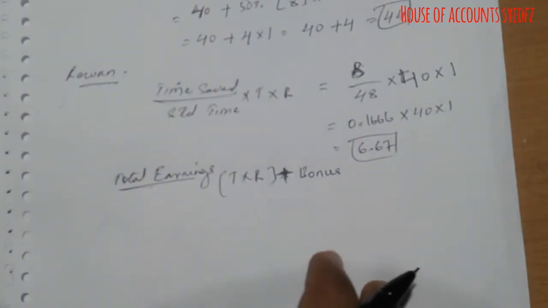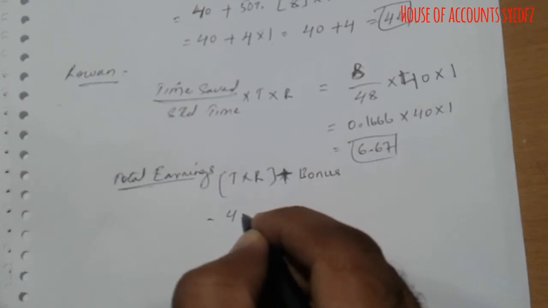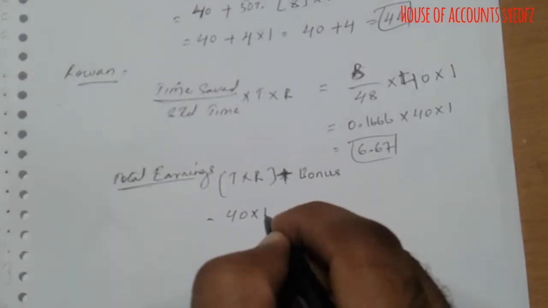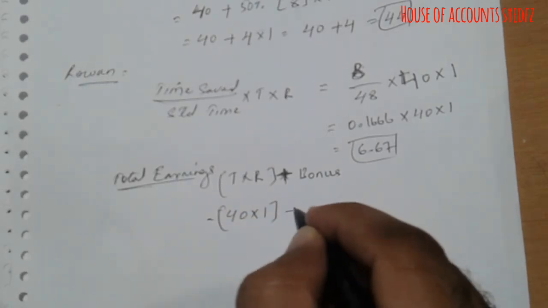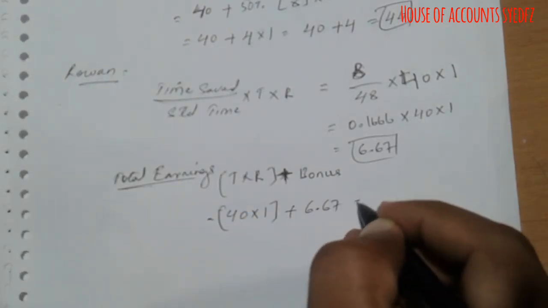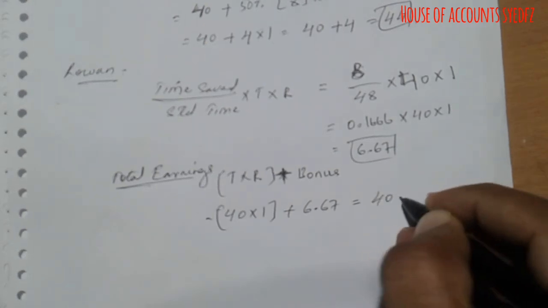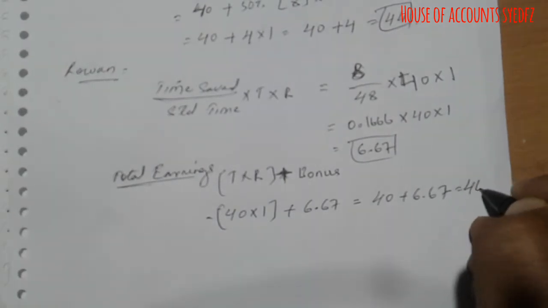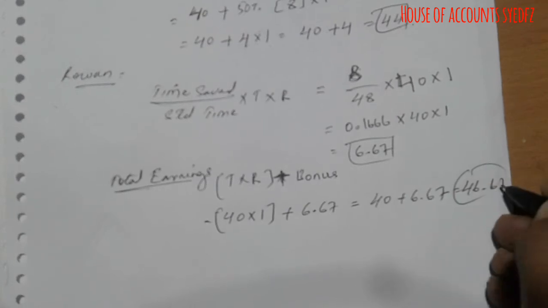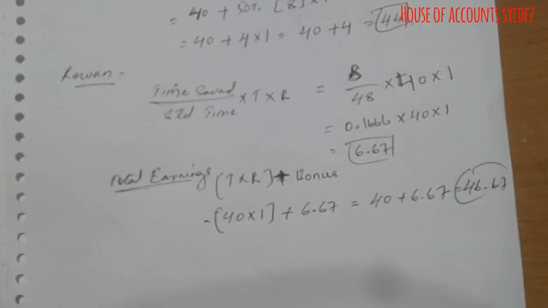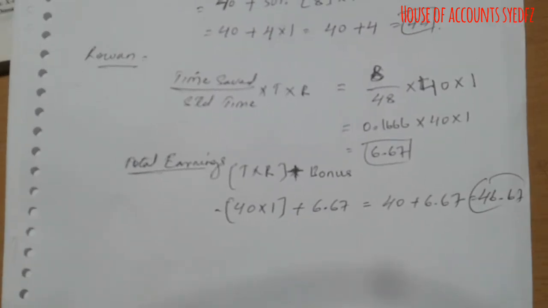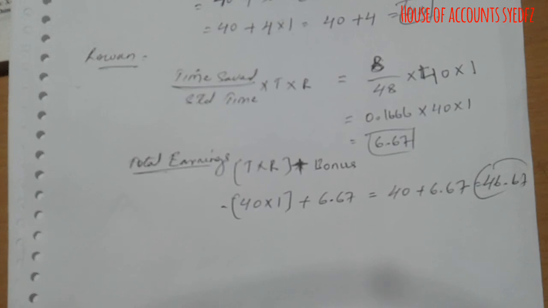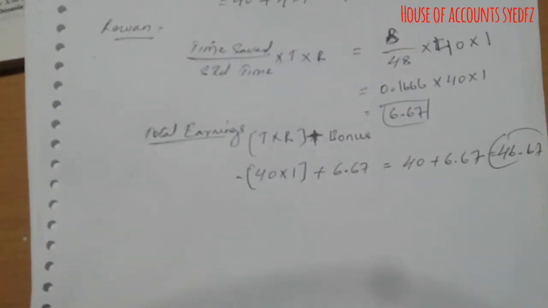So 40 into 1, plus bonus 6.67, means overall 46.67. If you calculate by Halsey, it's 44, and by Rowan it is 46.67. This is how we can calculate the bonus or incentives. This is question number 1, in short.